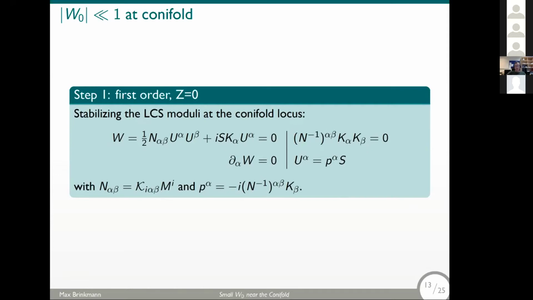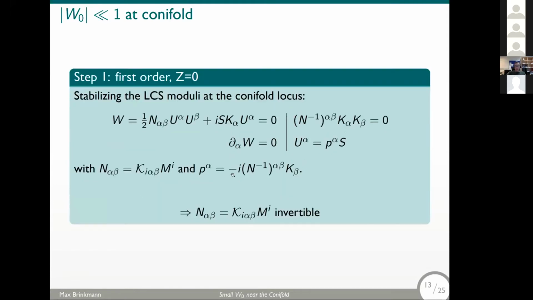This is exactly as in DKMM in the original paper for large complex structure, except that here this I is running over the conifold modulus also. So in order to calculate this, since P is dependent on n minus 1, this combination of fluxes and structure of the Calabi-Yau has to be invertible.